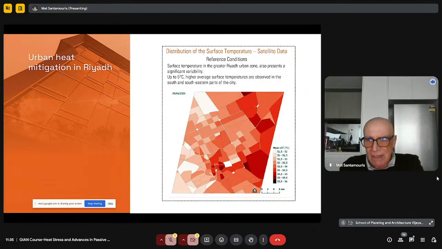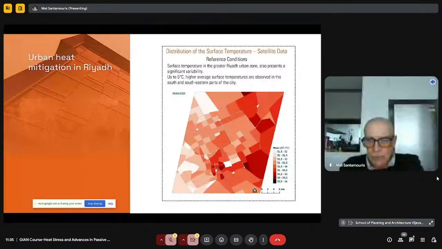And you can see in this graph the temperature distribution we had for one specific day taken from the satellite. You can see, for example, that the surface temperature differences as calculated or measured by the satellite are of the order of 5 degrees. The lowest was 51 degrees, the highest is close to 56 degrees.